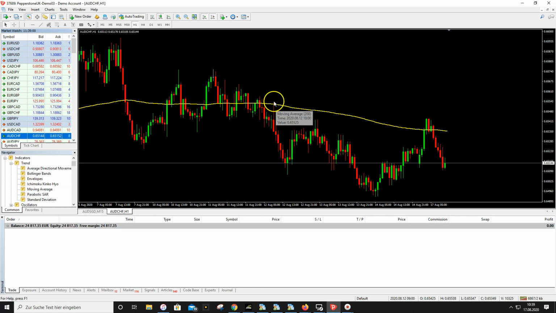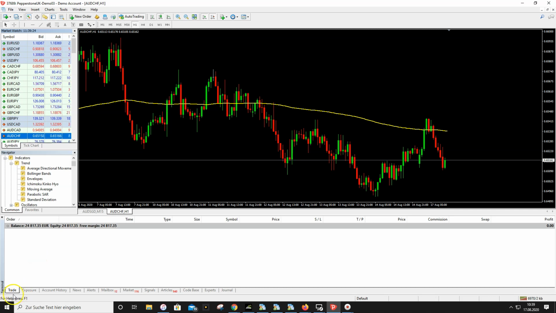You can see this rejection here on the MA 200, and then the price was going down a little bit. And here it's a kind of respect too, that it was going up a little bit and then again it respected the MA 200, but still it looks not that perfect in this case. And then you see, using the MA 200 every time for every pair and time frame looks not like a good idea.